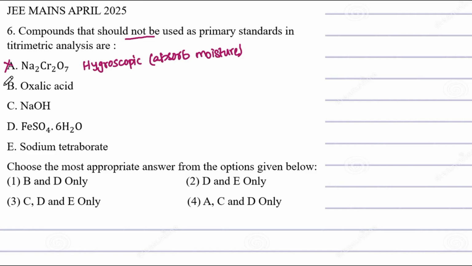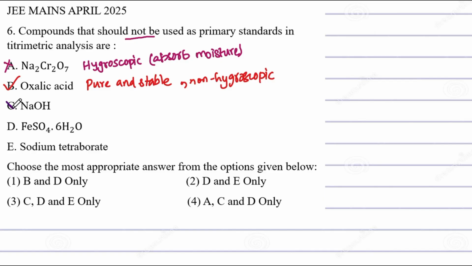Next one is oxalic acid. Oxalic acid can be used as a primary standard because it is pure and stable, and also it is non-hygroscopic. So these are the conditions for a reagent to be a primary standard: exceptionally pure, stable, and non-hygroscopic. The next one is NaOH.